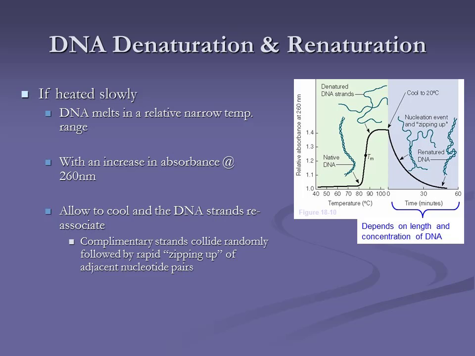And over the course of 30 minutes, even less than an hour, we have completely renatured, see this is denaturing, renatured or reannealed our DNA strands back into that double helical structure. How much time? Depends on how long your DNA strand is. Longer strands take longer. Make sense?